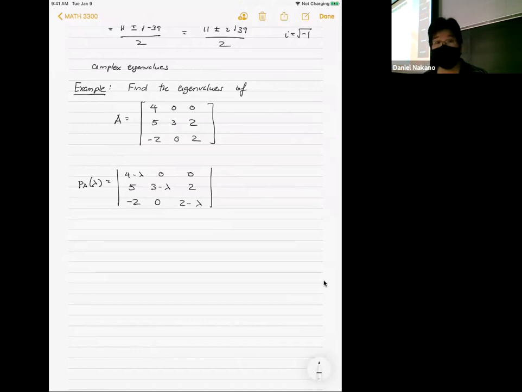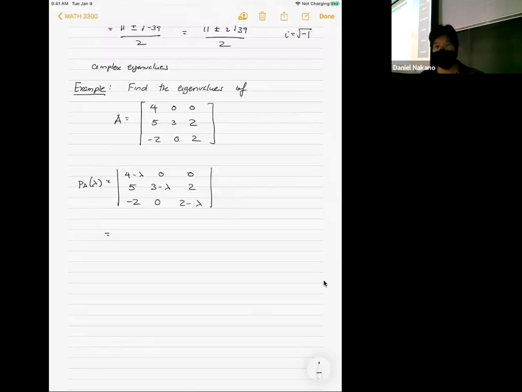Okay, is everyone okay with this so far? So this is the determinant of A minus lambda I. Okay? All right. So now what we can do is we can just use cofactors, right? And if we expand along the first row, the only time we ever get a non-zero entry is using the 4 minus lambda, right?